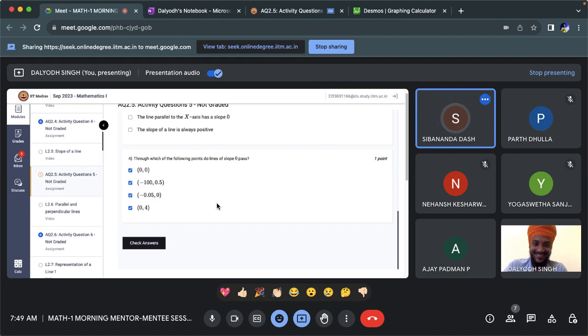I did my 12th in 2005 and studied maths in 10th in 2003. It's been 20 years. In BSc IT there was nothing like maths, in MBA a bit, but not much. Almost 15 years into a job.